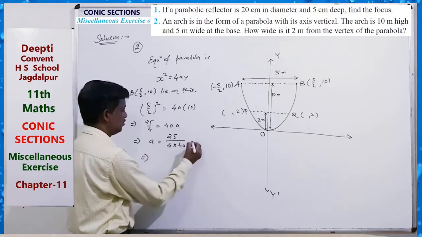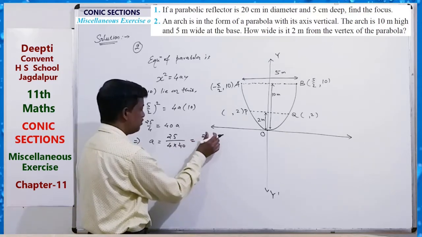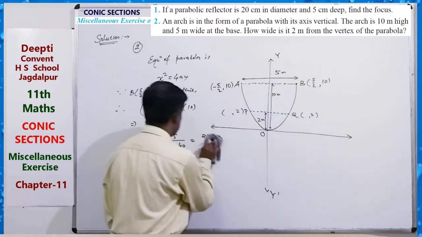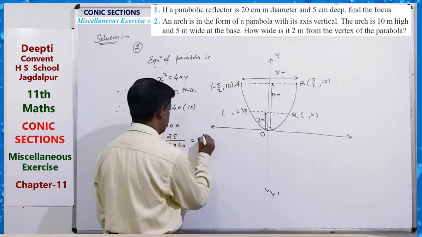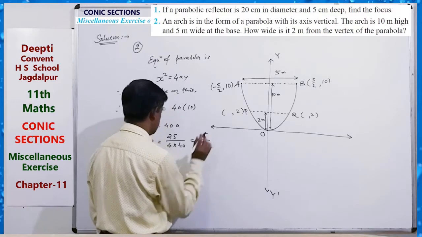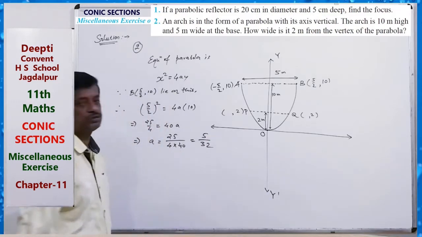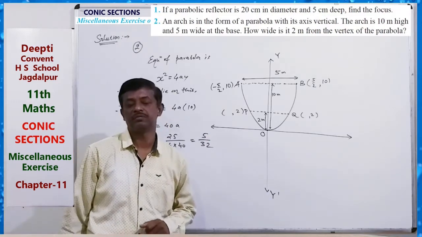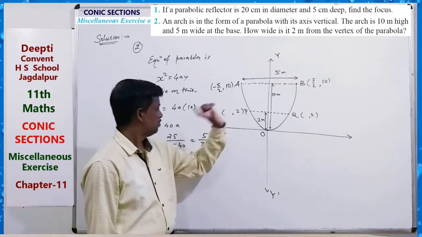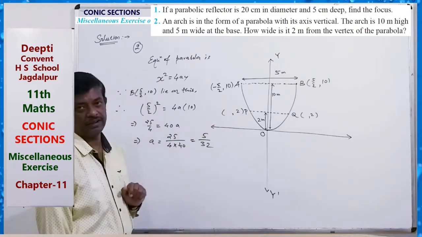That is what? 5 by 32. a equals 5 by 32. So we get the value of a.